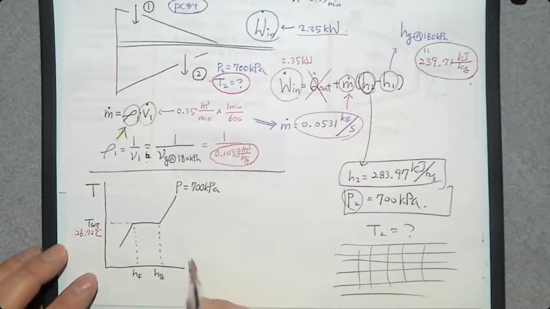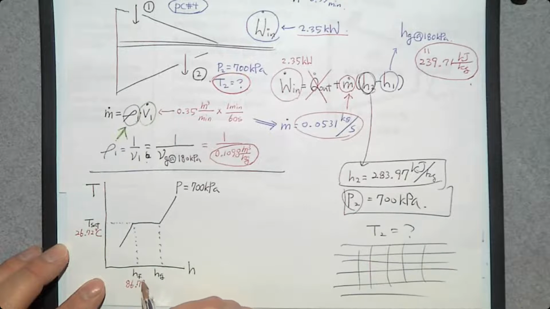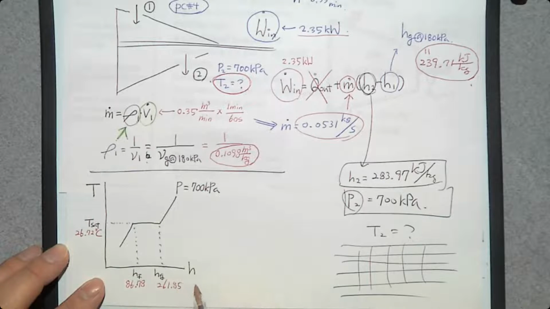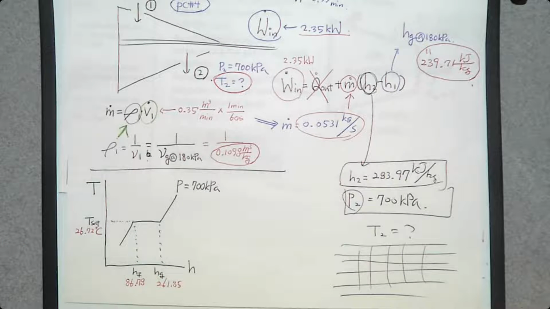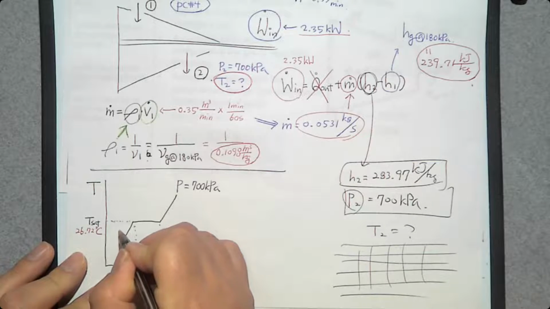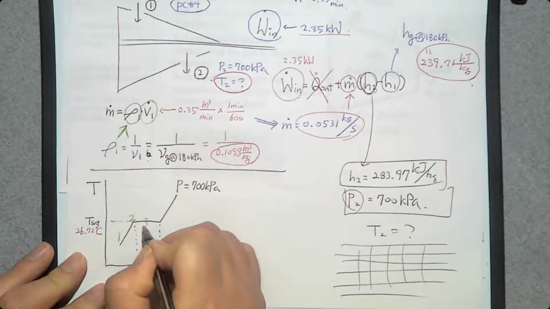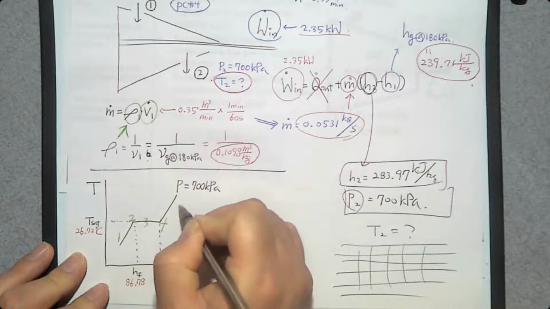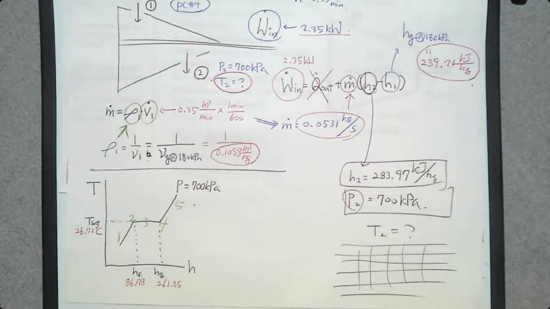So let me write these two values here. HF is 86.78. HG is 261.85. So on this TH diagram, there's 1, 2, 3, 4, and 6, right? No, 5.